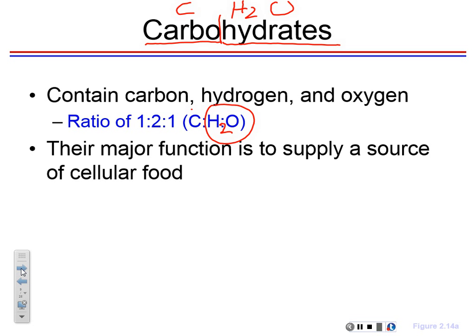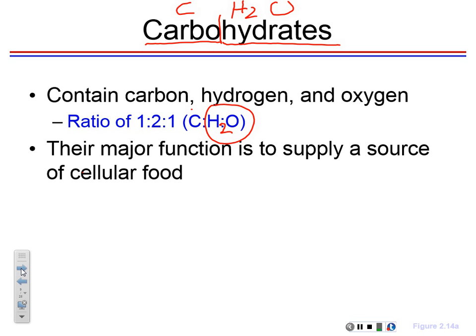All right? So it's a major source of cellular food, because what forms the carbohydrates? What's the monosaccharide here that we're talking about that makes up carbohydrates? Sugar, yeah, which is glucose. Yeah, and cells of the brain only take glucose, nothing else.